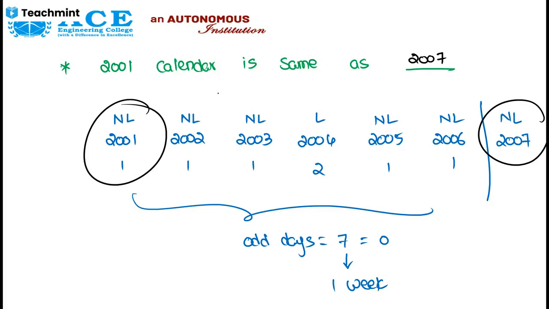Excellent, my dear friends. Now the next scenario: I want the 1990 calendar is the same as what? After these three examples, we'll give the shortcut, but the shortcut has terms and conditions.